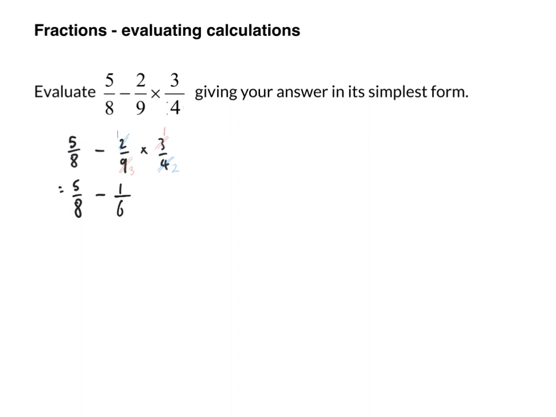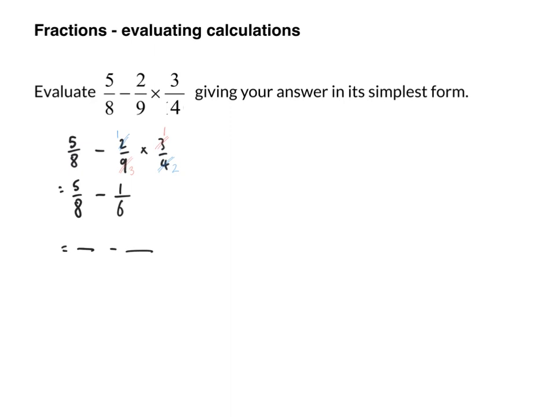Now, adding and subtracting is a little bit more difficult because you need to make sure your fractions have a like denominator. Here, I can't just subtract 8 from 6. I need to convert both my fractions so they are the same type of fraction, so their denominator is the same.